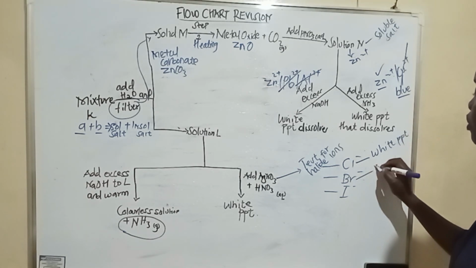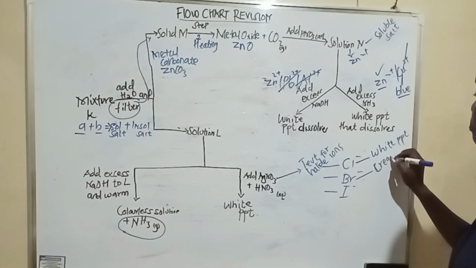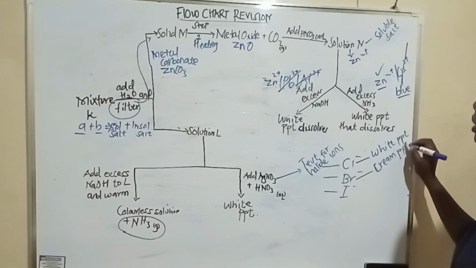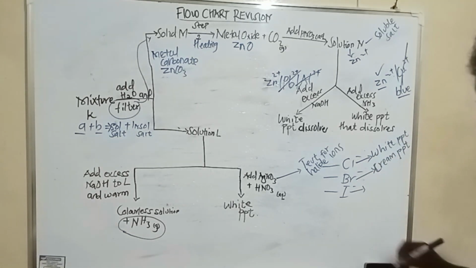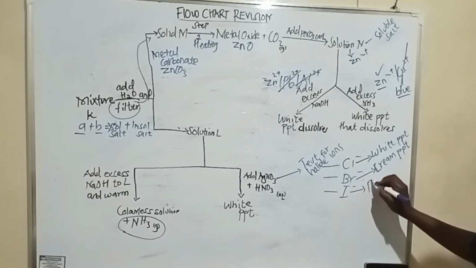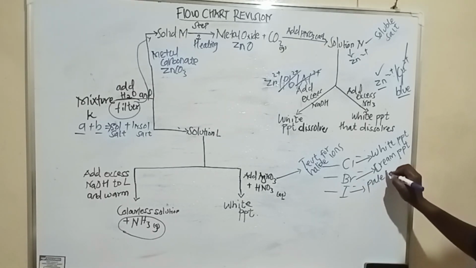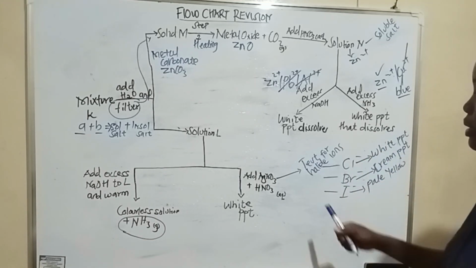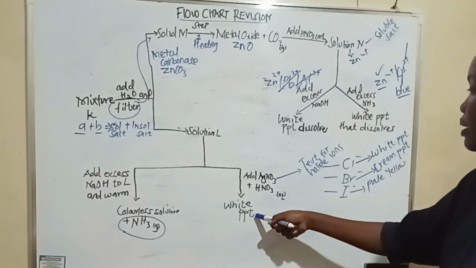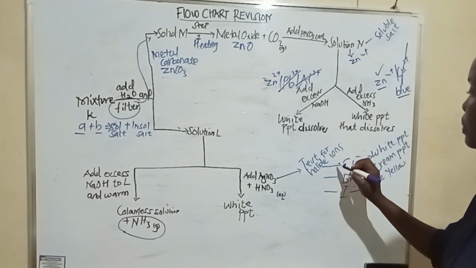Bromide ions form a cream precipitate. And iodide ions tend to form a pale yellow precipitate.